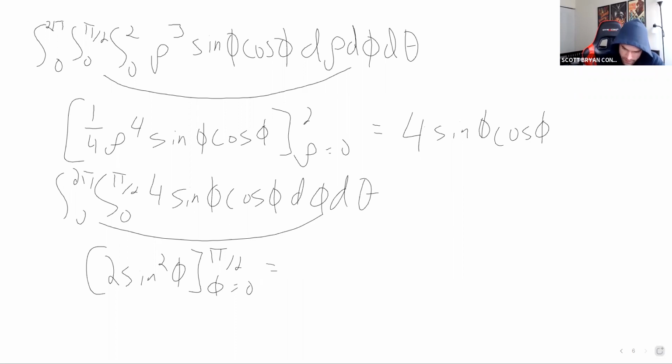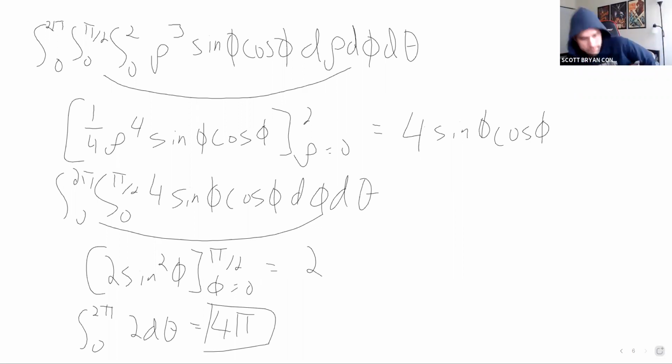And so we get 2 times 1 squared. So we get 2. And this is a lot nicer to deal with than the previous one. Integral from 0 to 2 pi of 2 d theta, which is, of course, just 4 pi. This is so much nicer to deal with.